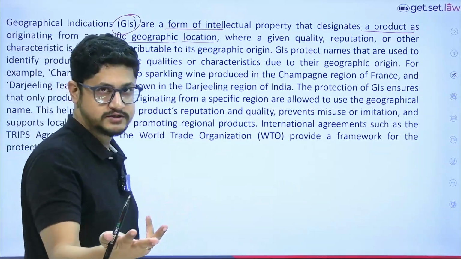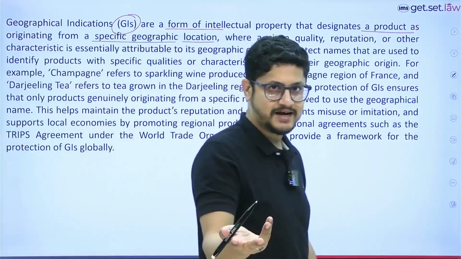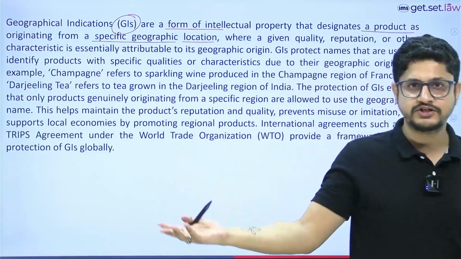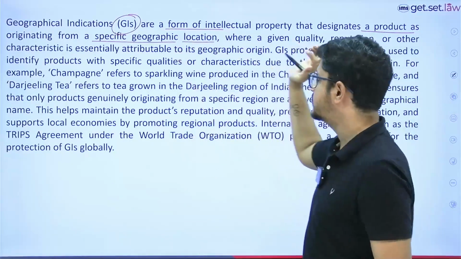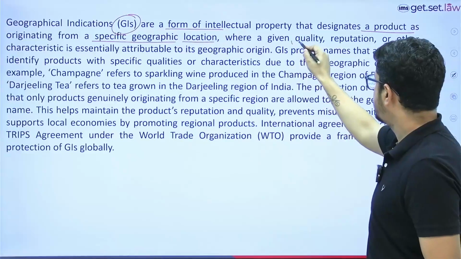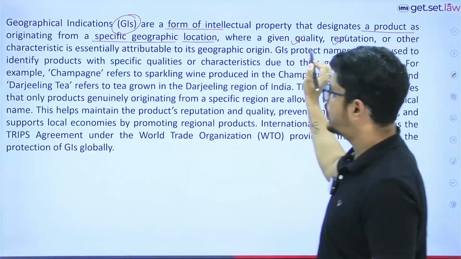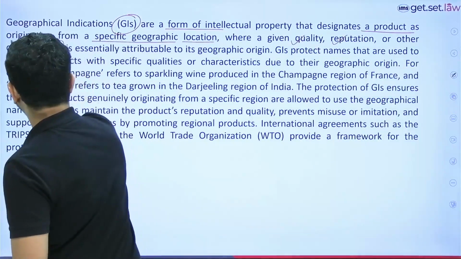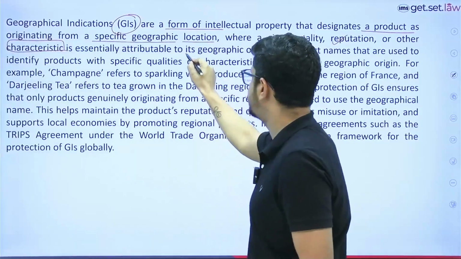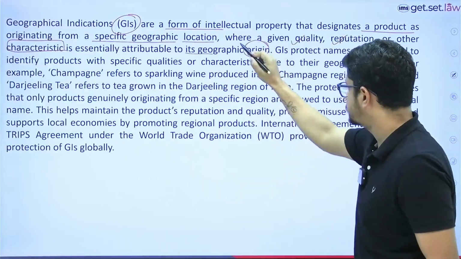Nagpuri oranges, Kanjipuram silk sari, right? Then Kolhapuri chappal. That is how it comes. Where a given quality, reputation or other characteristic is essentially attributable to its geographic origin.